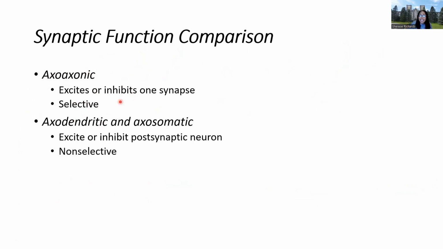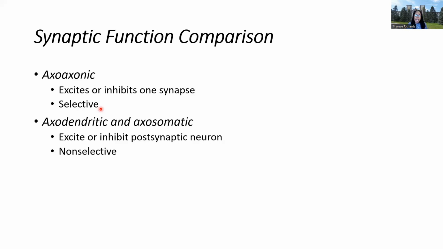This is selective. So a modulating neuron will only be modulating one specific neuron. So it's not going to affect the other synapses outside of that single neuron that it is modulating. And then if we think about the axodendritic and axosomatic synapses, these will either excite or inhibit the postsynaptic neuron, and these will be non-selective.